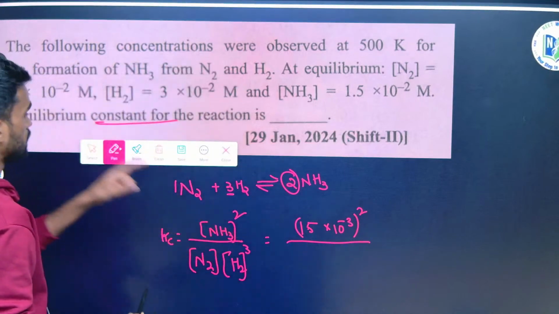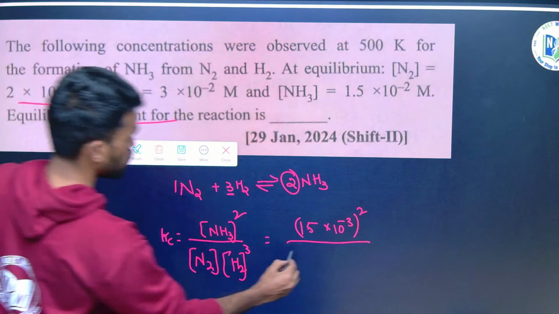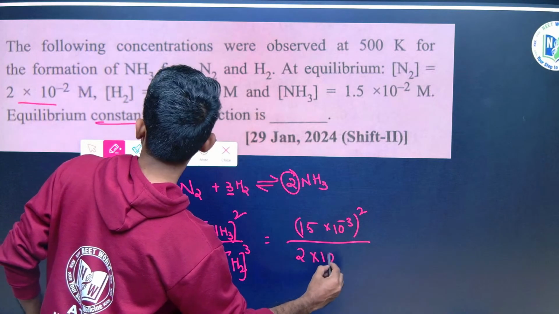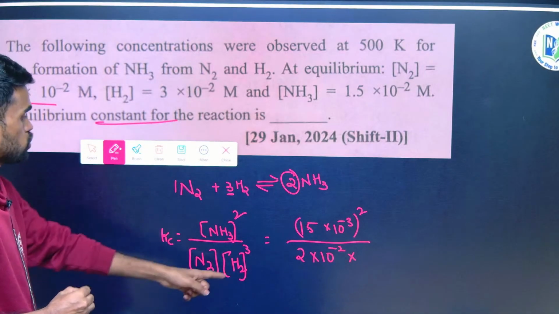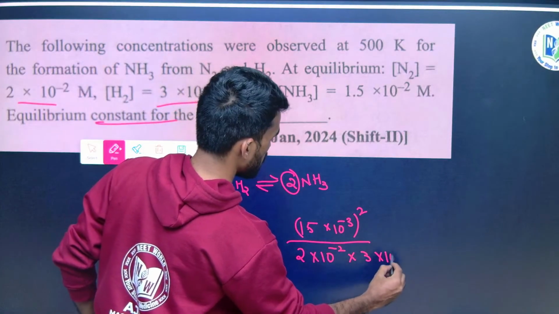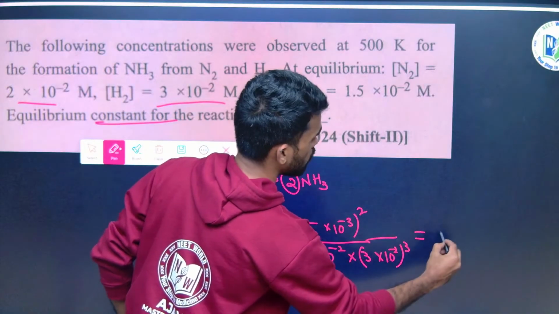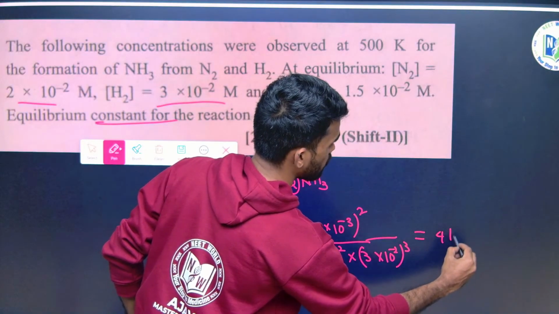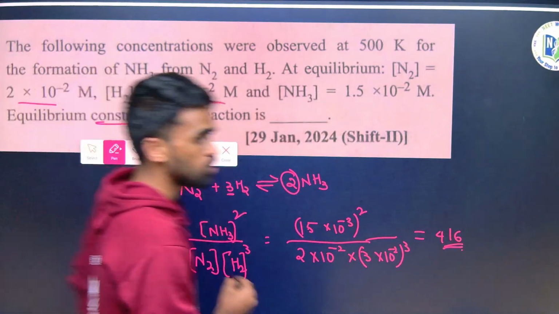In the denominator we have N2 concentration as 2 into 10 power minus 2, multiplied with H2 concentration as 3 into 10 power minus 2 to the power 3. By simplifying this you will get your answer around 146. This will be the value of Kc here.